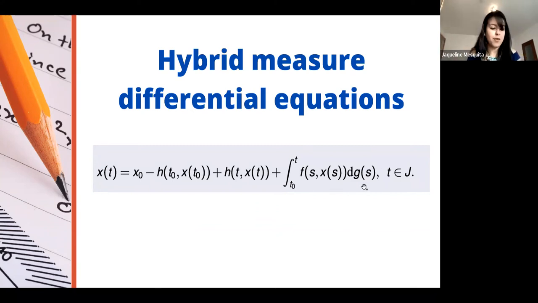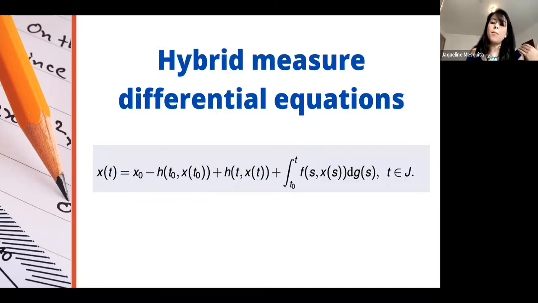Depending on our function g, we can have the behavior of our x and also of our h. For example, if g is discontinuous, our solution can also be discontinuous. So using this type of equation, we can have such discontinuous solutions. And here we have this type of perturbation.